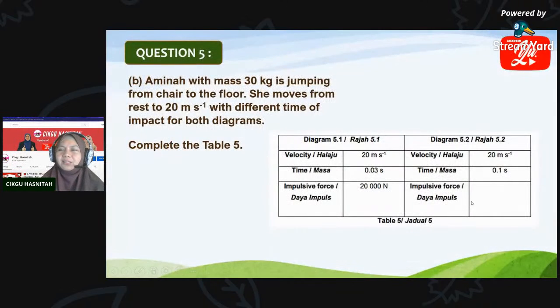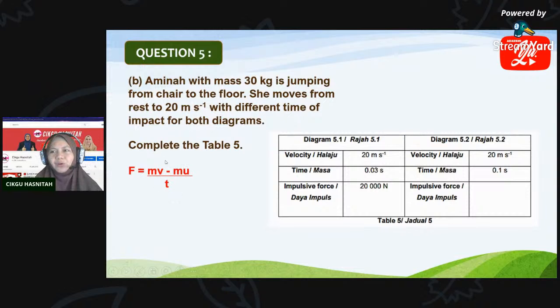Okay, how to do this? How to complete the table? What formula to be applied? So just now we said impulsive force is rate of change of momentum. So this is her final momentum mv, this is her initial momentum mu, and this is the time.